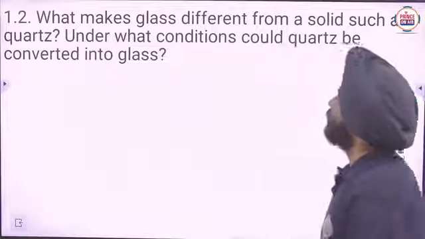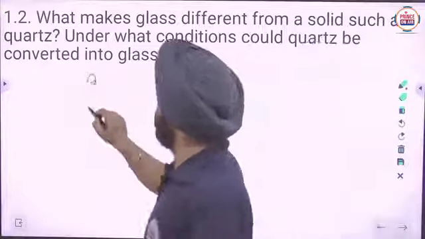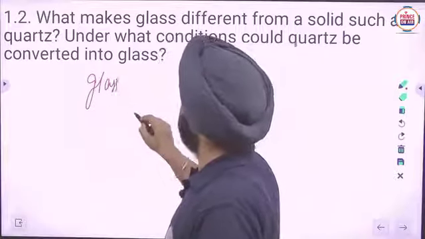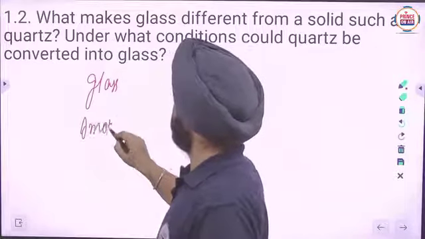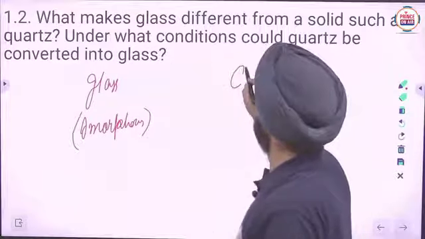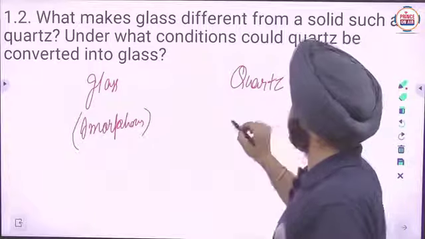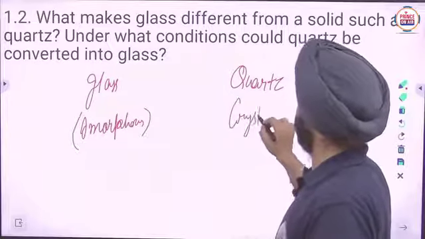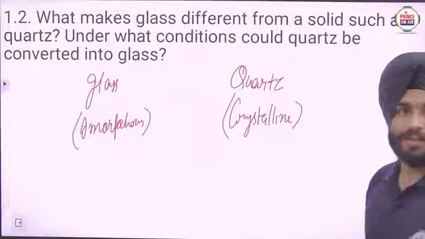So what makes glass different from a solid such as quartz? Glass is an amorphous solid, whereas quartz is a crystalline solid.